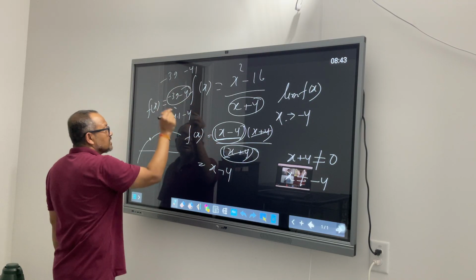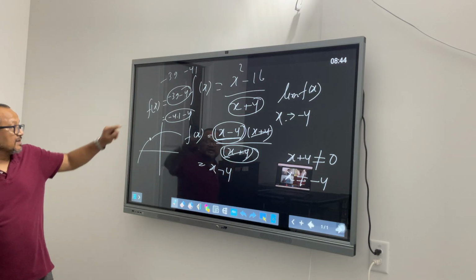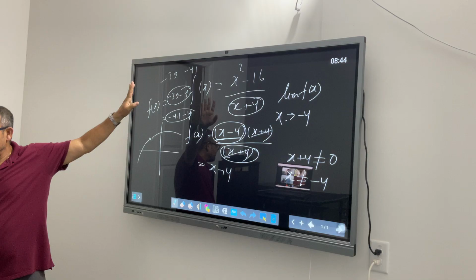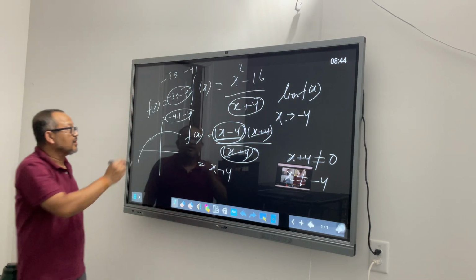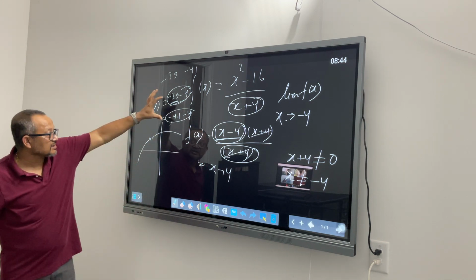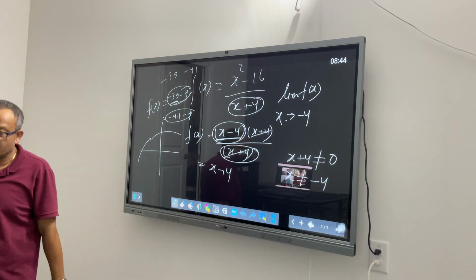Both are approaching almost the same value. Again, I get 3.9 and 4.1. There's a gap of 0.2. We don't use that kind of a difference for finding out the limit. If you keep this number closer and closer to minus 4, you are essentially talking about a negligible difference. So this is approaching the same point.